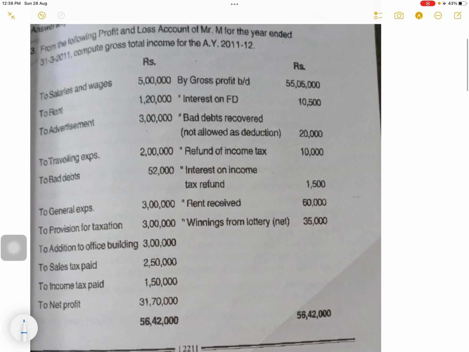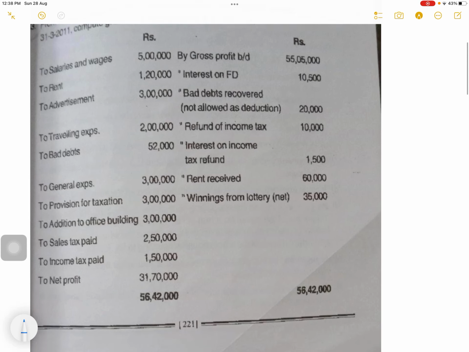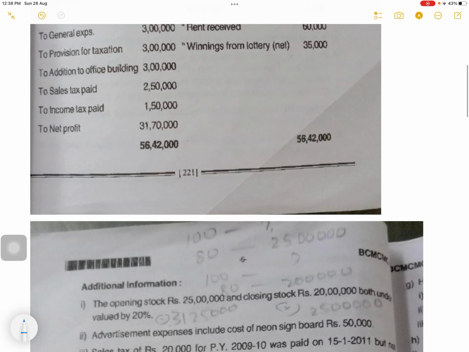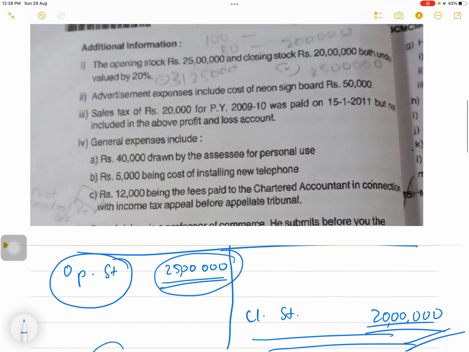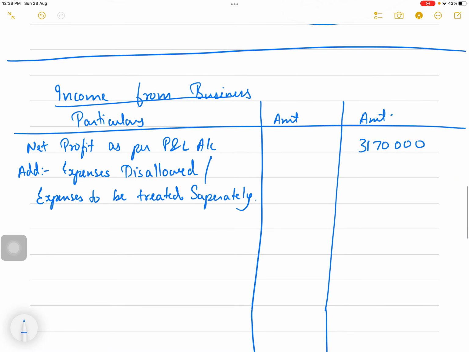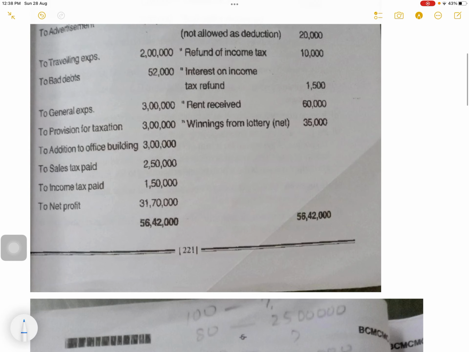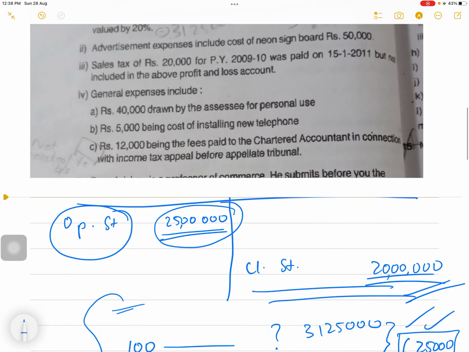So let's start solving. Salaries and wages, P&L item. Rent, P&L item. Advertisement, P&L item. Traveling expense, P&L item. Bad debts, P&L item. General expense, P&L item. Provision for taxation is not a P&L item. I mean, it is a P&L item, but it is disallowed. So provision for taxation, the amount is 3 lakhs.